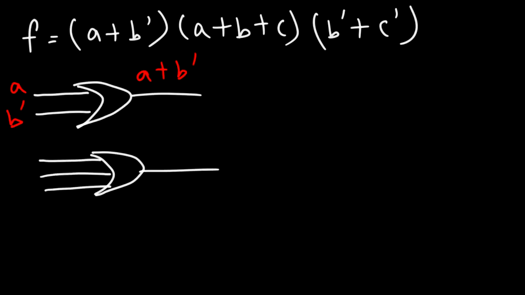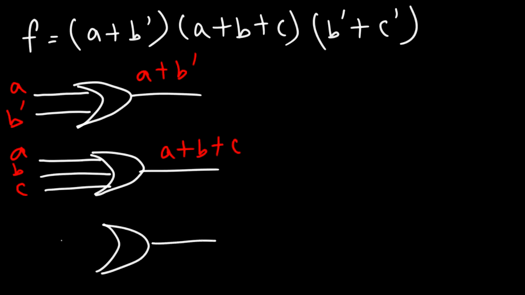The inputs will be A, B, and C. The output is going to be A plus B plus C. And for the last OR gate, this is a 2-input OR gate with the inputs B prime and C prime. So this is going to be B prime plus C prime.